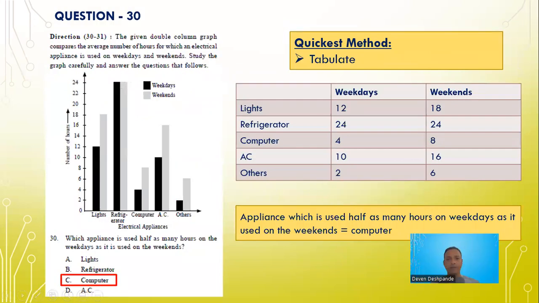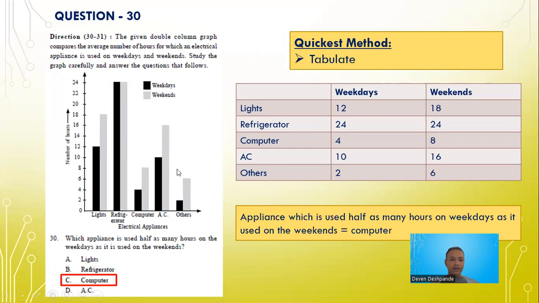Okay, next one. The given double column graph compares the average number of hours for which an electrical appliance is used on weekdays and weekends. Study the graph carefully and answer the questions that follow. In such questions, what you do first is tabulate. As soon as you get this graph, start tabulating.